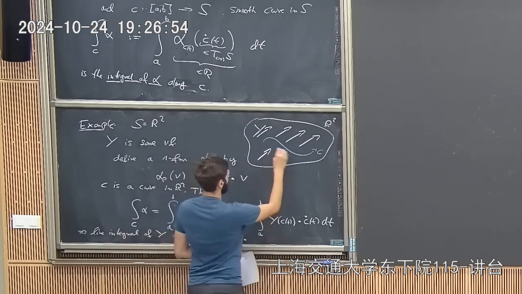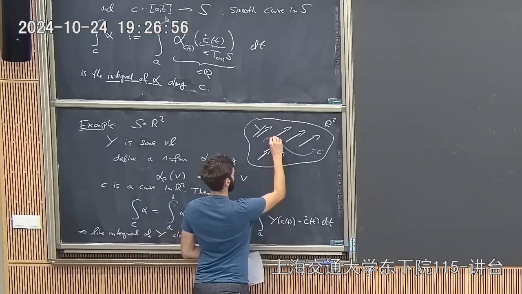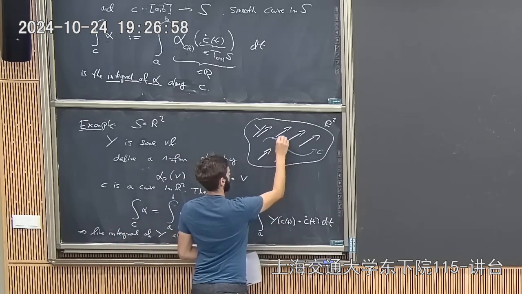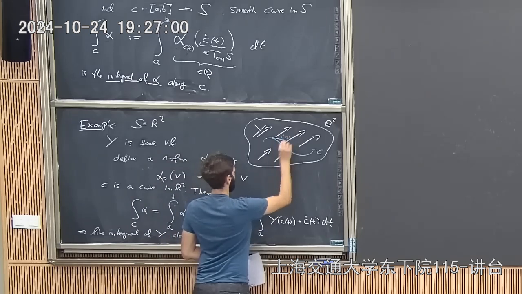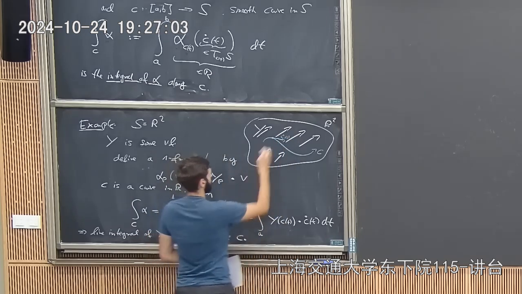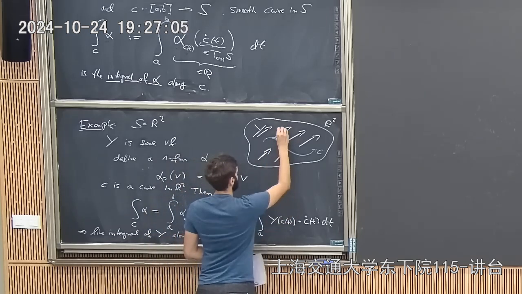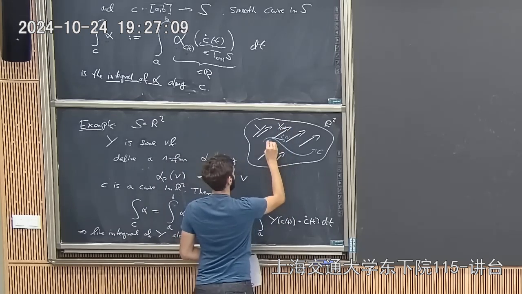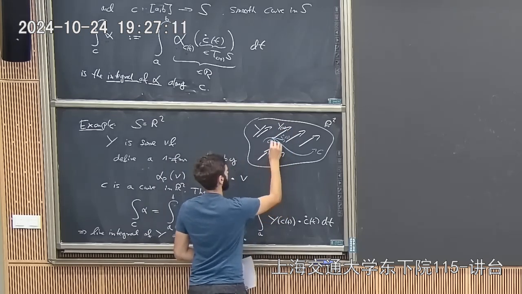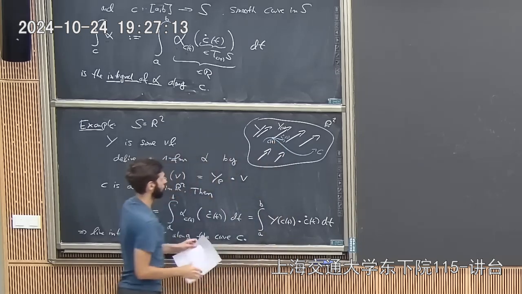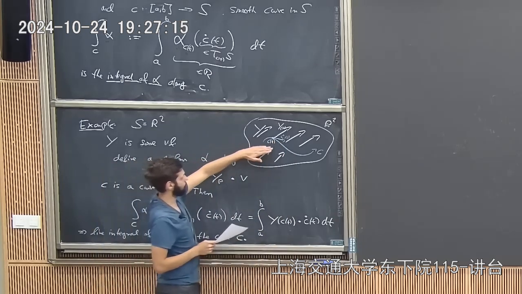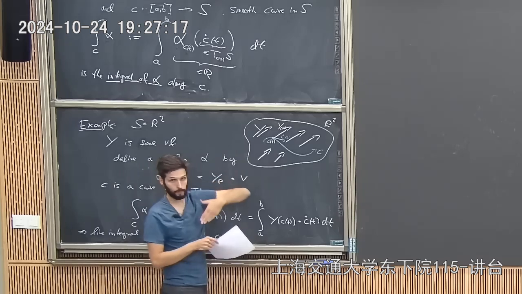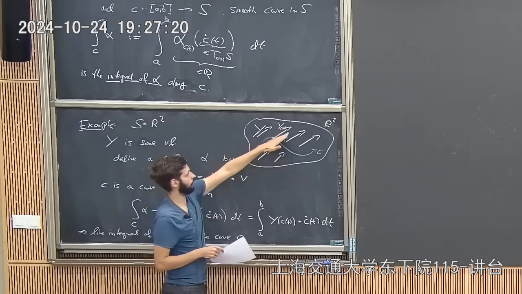And what you do is you take the inner product of that tangent vector with this vector that starts at that point. It would be Y at c(t). That point is c(t). So at every point, you take the inner product of the speed and the Y.